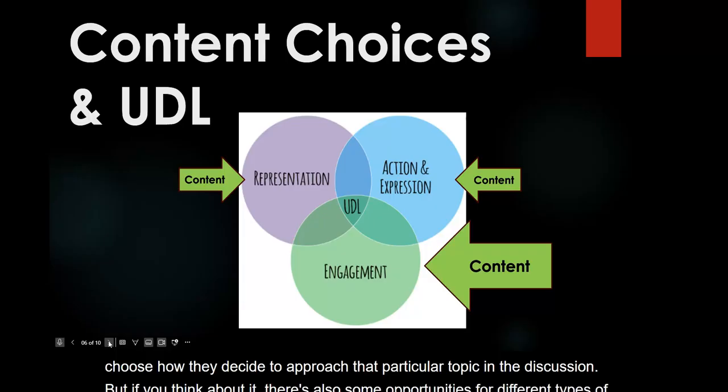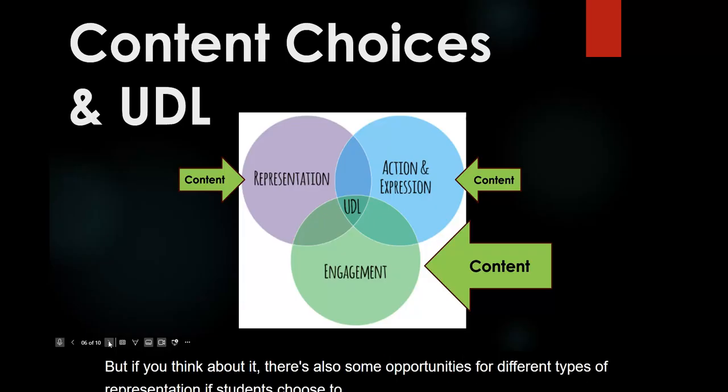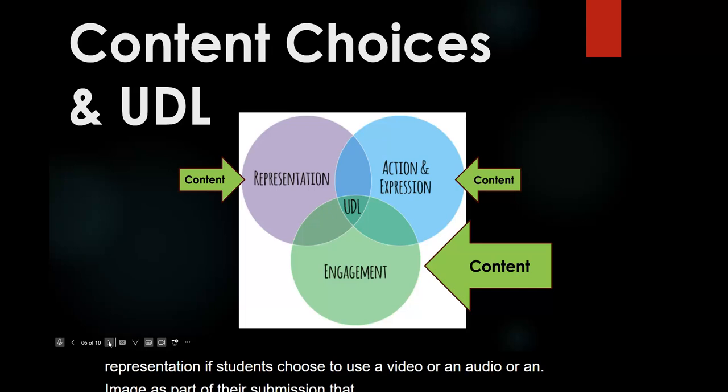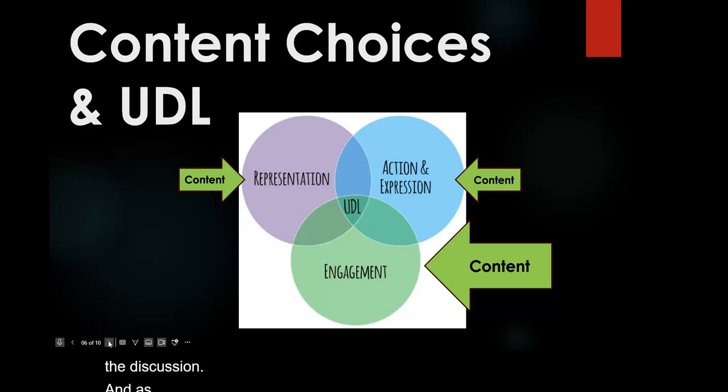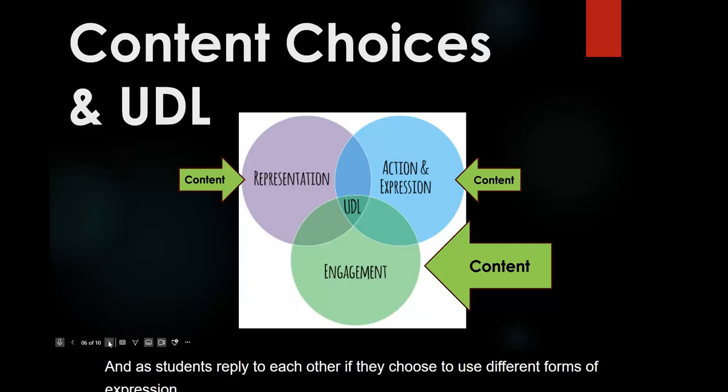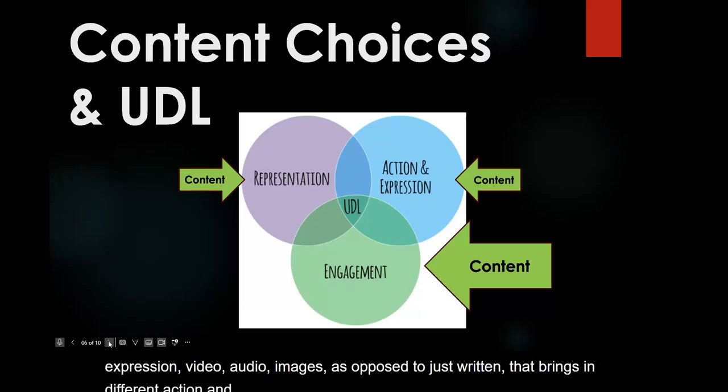If students choose to use a video or an audio or an image as part of their submission, that brings in different forms of content into the discussion. And as students reply to each other, if they choose to use different forms of expression, video, audio, images, as opposed to just written, that brings in different action and expression content.